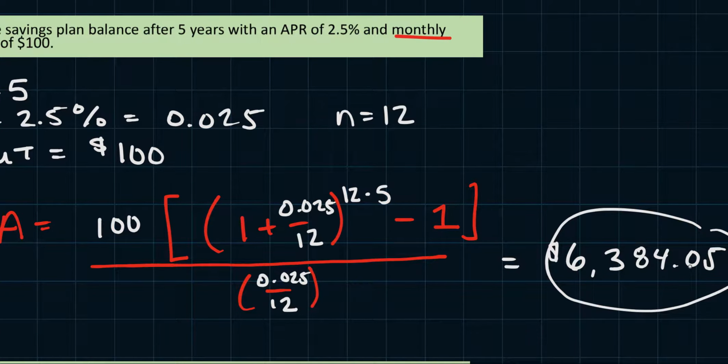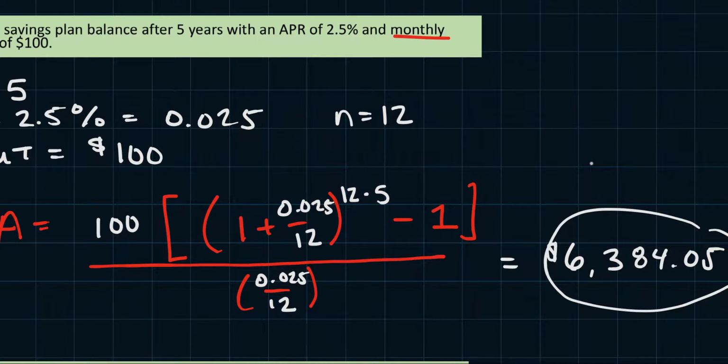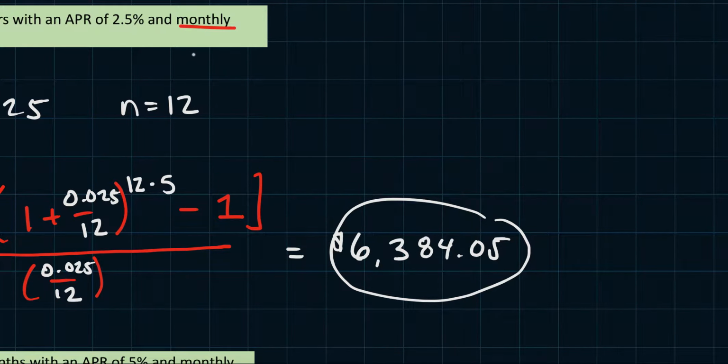Now, a follow-up question to this is, how much money did you actually put in the bank? You didn't put $100 in the bank and make $6,000 out of it. Remember, you're putting $100 every month. So there's 12 months in a year. So if I was to ask you, how much money did you actually put in the bank?